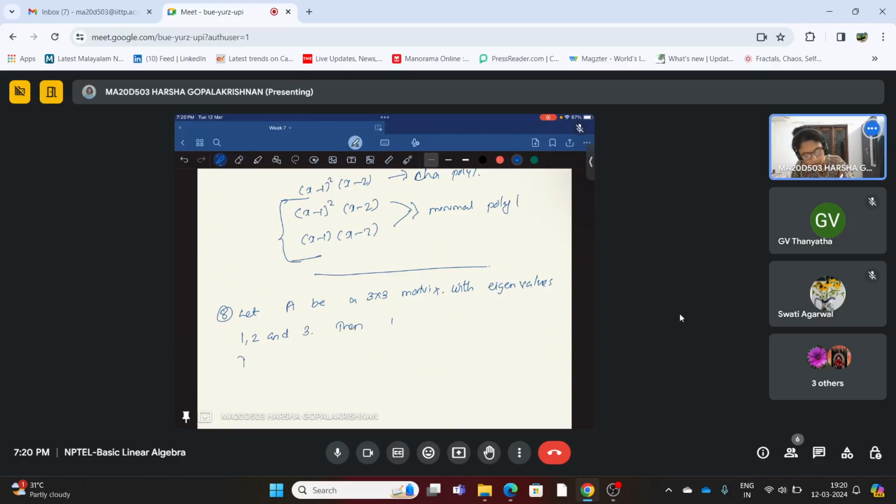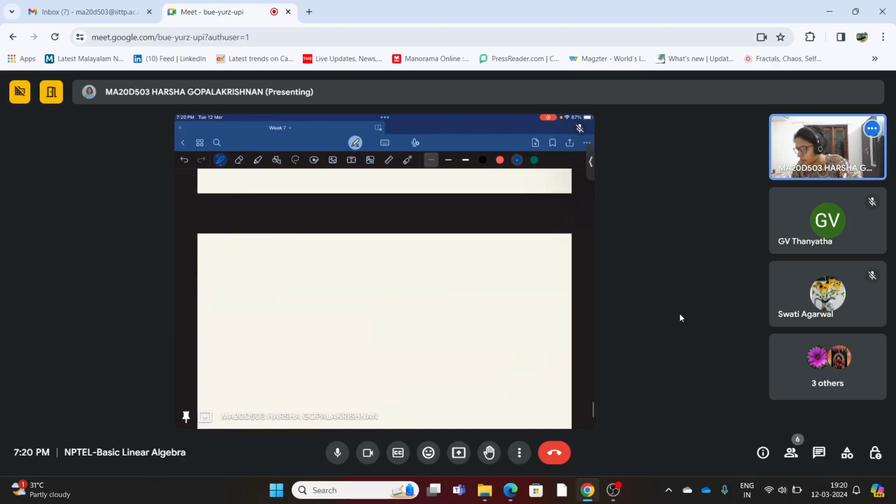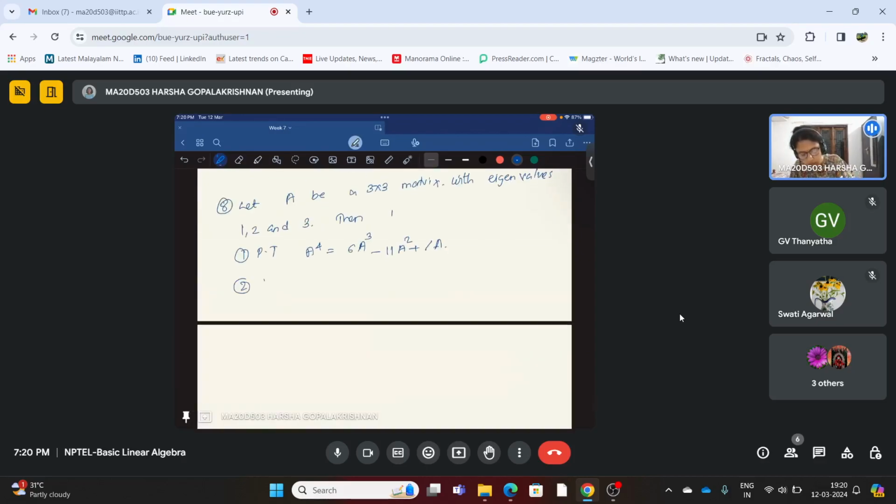Then the first question is to prove that A power 4 equals 6A cube minus 11A square plus 6A. The second question is: is A invertible? If yes, find the A inverse in terms of powers of A.